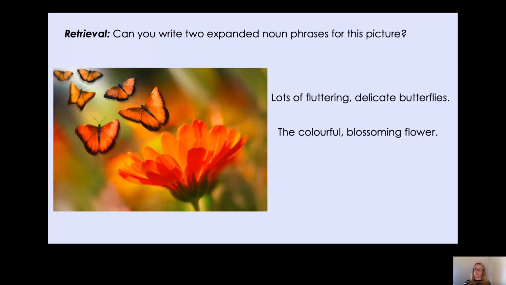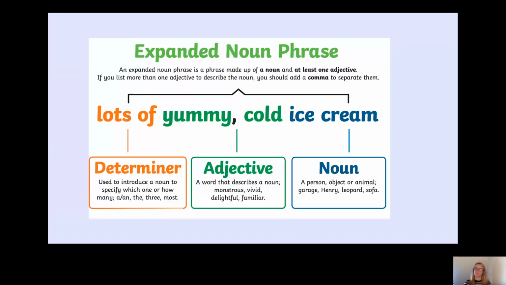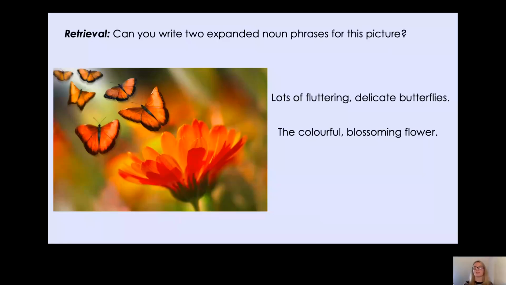Now, did you remember all the parts? So let's recap on the different parts. So we have the determiner to start. So that's lots of, the, an or a, many, most, or a number like 3, or lots of like we've got here. And then you need your 2 adjectives. So in my expanded noun phrase for the butterflies, I had fluttering and delicate. So yes, I've definitely got 2.